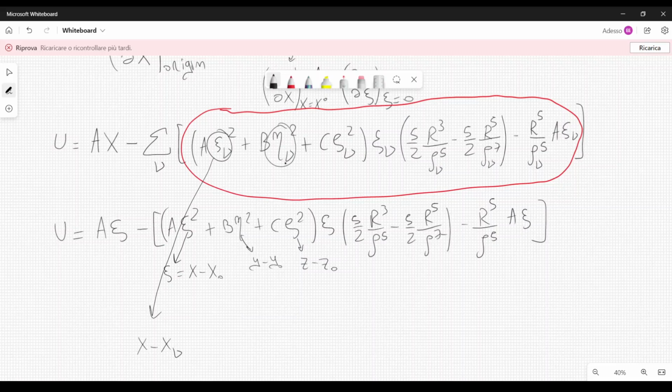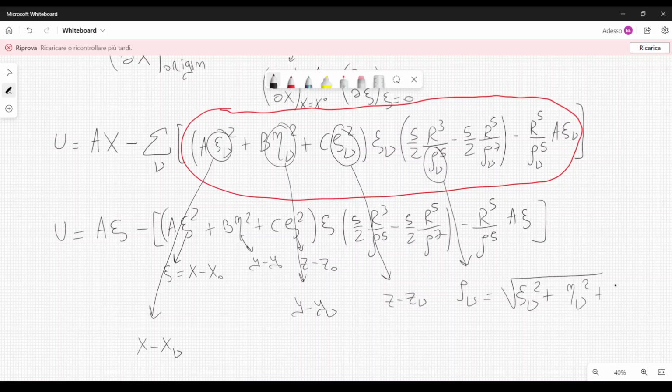And similarly, eta nu will be y minus y nu, and zeta nu will be z minus z nu, like this. So this is very similar, and rho nu will be simply equal to the square root of xi nu squared plus eta nu squared plus zeta nu squared.